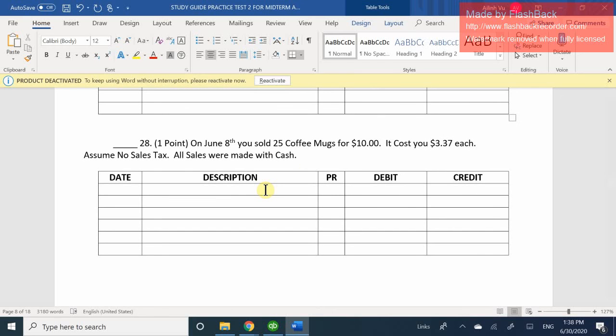On June 8th, you sold 25 coffee mugs, $10 each. It cost you $3.37 each. Assume no sales tax. All sales were made with cash.